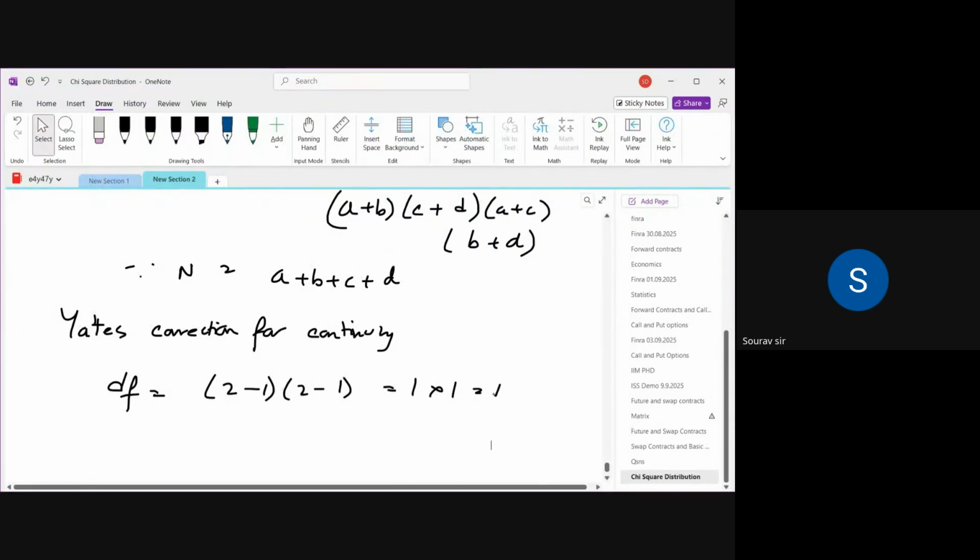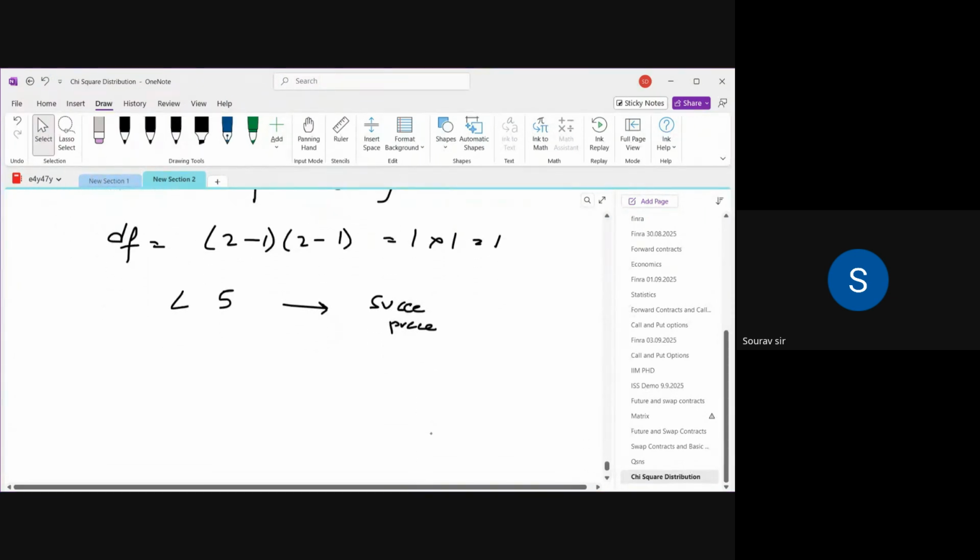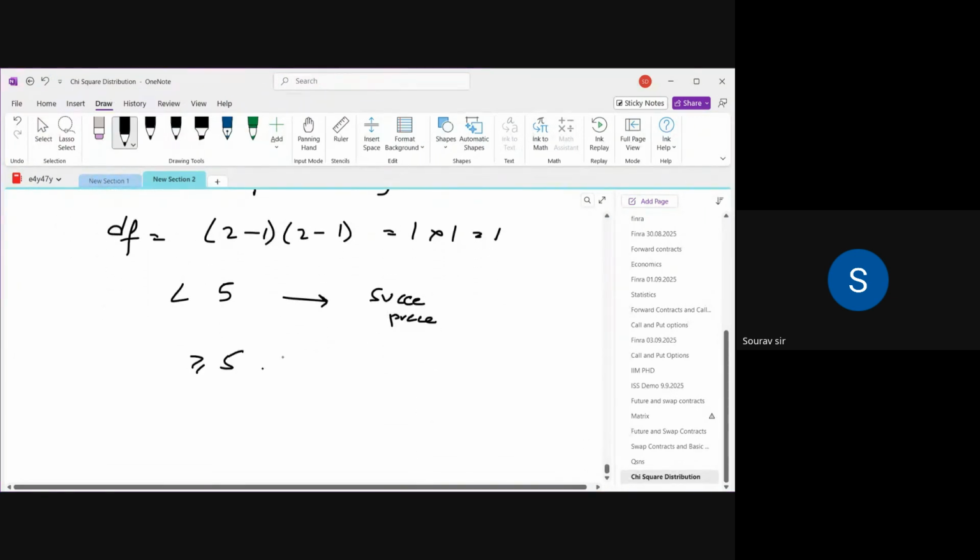If any one of the expected frequencies is less than 5, then it is to be pooled with the succeeding or the preceding one, so that the resulting frequency is greater than or equal to 5. This pooling technique results in a loss of 1 degree of freedom. So then the effective degrees of freedom goes 1 minus 1, which is meaningless.